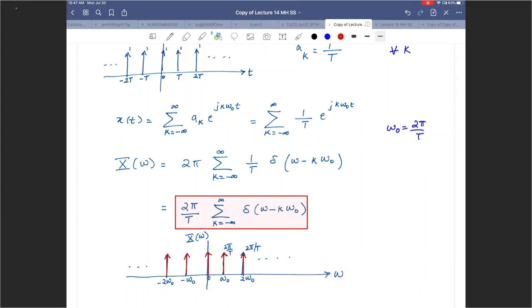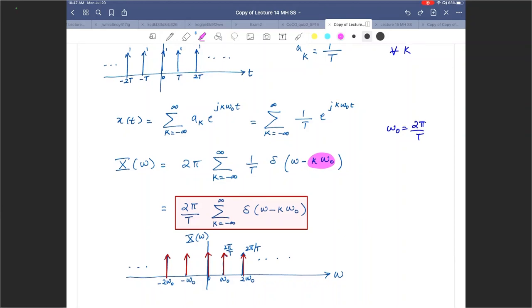Keeps going, left and right. Those impulses are present at plus and minus k omega naught. So that means those are integer multiples of omega naught right here. The scale, the weight of those impulses is 2 pi divided by T. So that's 2 pi divided by T in the Fourier transform plot.